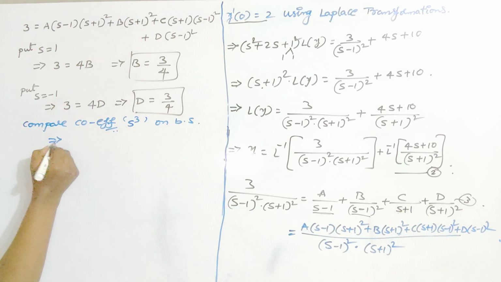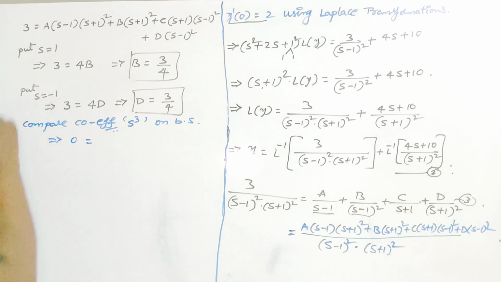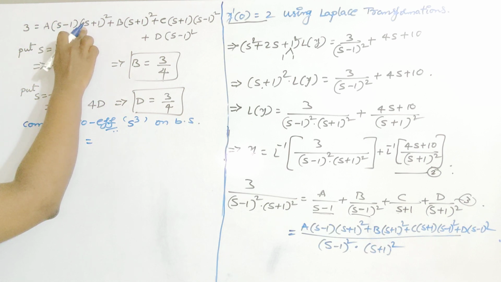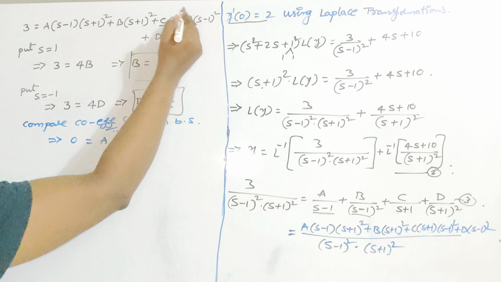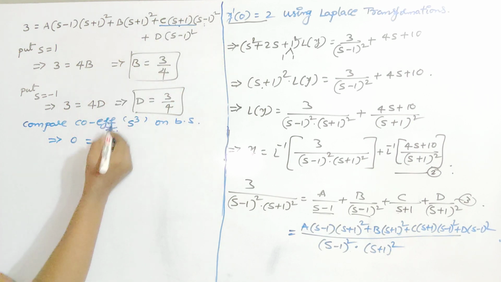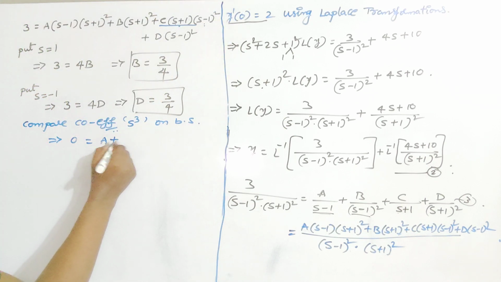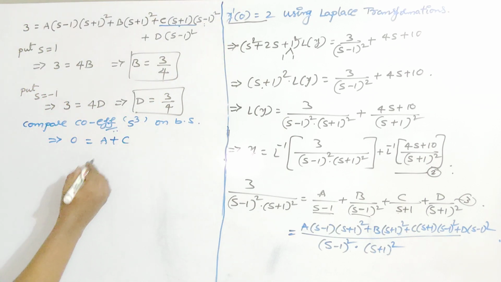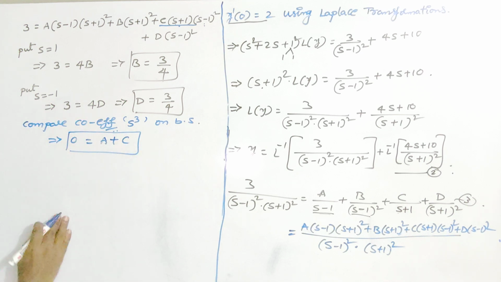In the left side we do not have any s cube term, that's why its coefficient is 0. Here s into s square, s cube whose coefficient is a, and again here you will get an s cube term by multiplying both terms. First term is s cube. It is not necessary to write all terms; you have to guess it. Okay, a plus c is equal to 0. We do not have any a or c value yet.